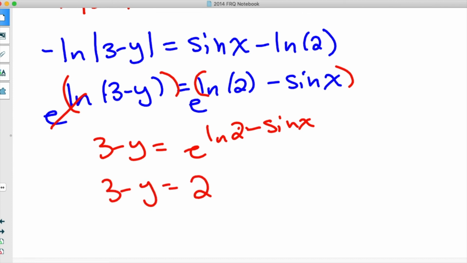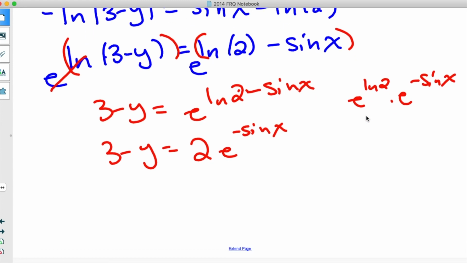But then we're also left with the sine part, because the way that can be split up is e to the ln of 2 times e to the negative sine x. If you remember your exponent properties from Algebra 1, when exponents are being added or subtracted, that can be split up that way, and e to the ln of 2 just gives you 2.